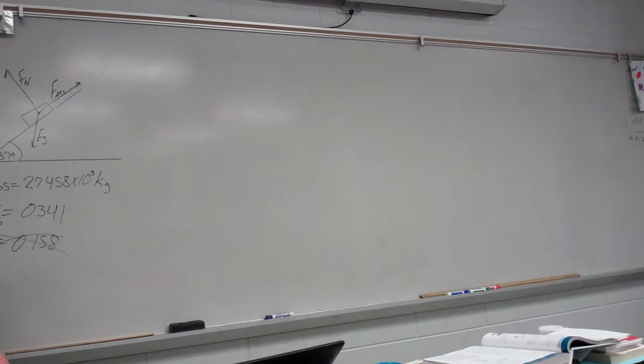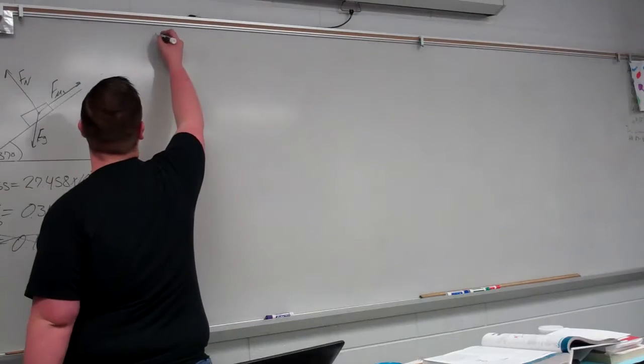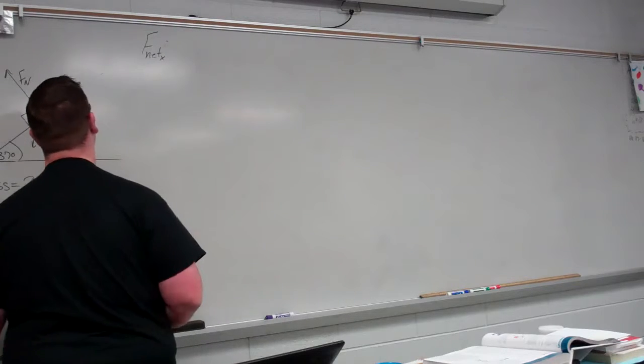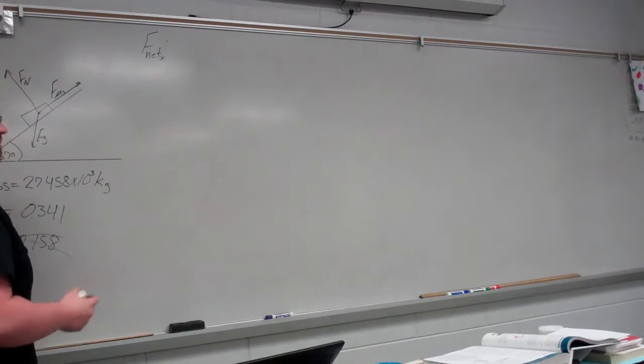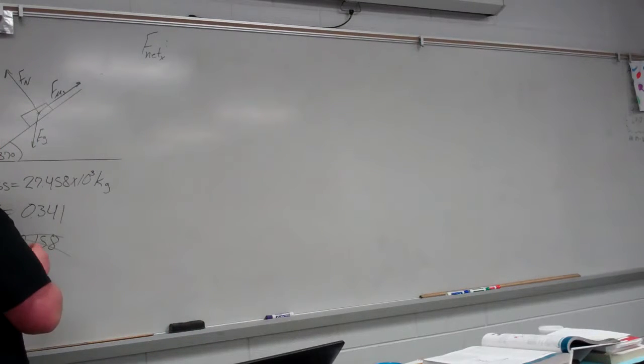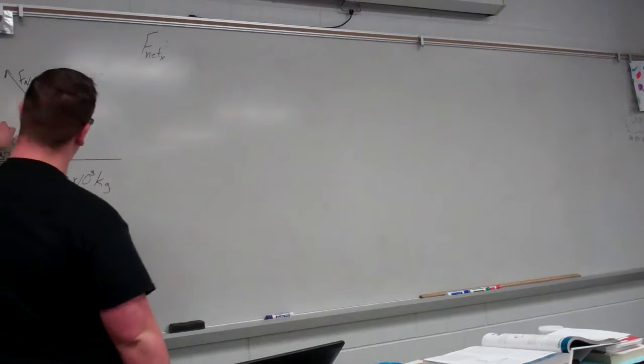I have got to figure out what's going on in this x direction. That'll tell me my net force in the x direction. So really what I'm trying to find is the net force in the x direction, the summation of all the forces in the x direction. So I need whatever forces are going in that x direction.